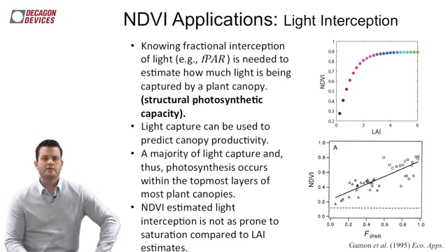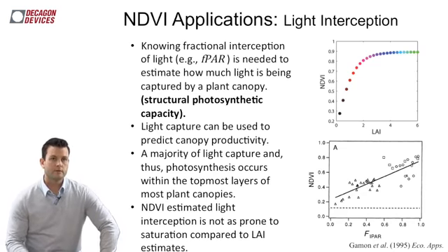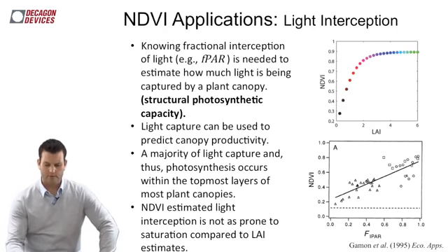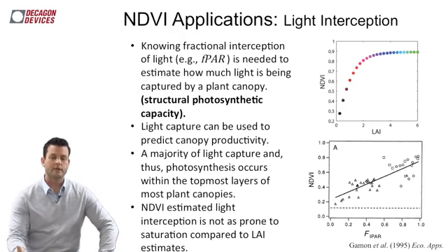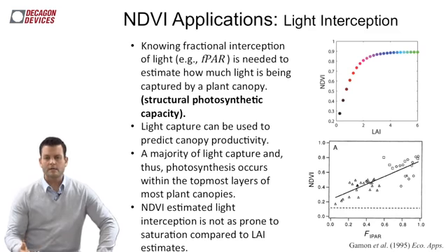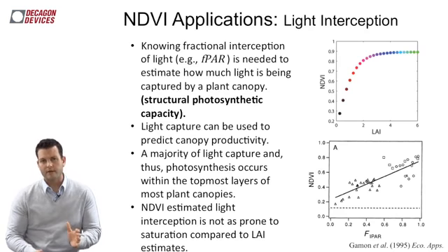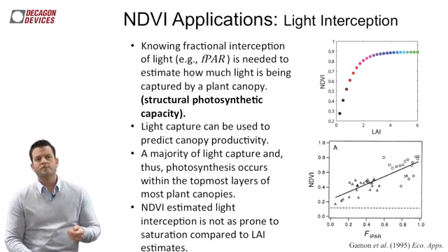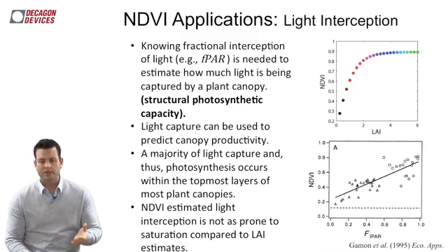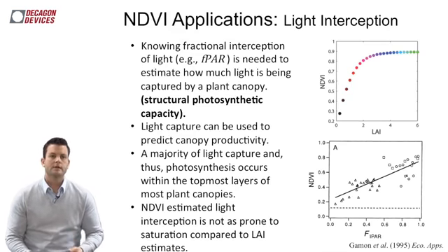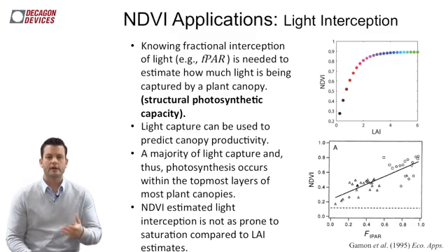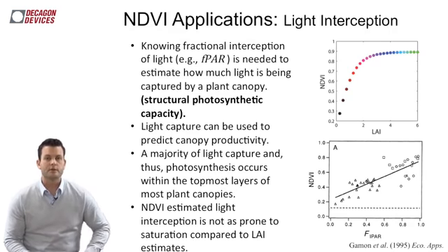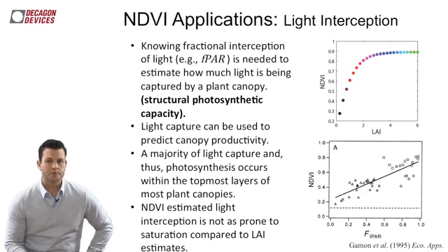One of the nice things about using NDVI for predicting fractional light interception, which is synonymous with FPAR, for those of you who are familiar with FPAR, or fractional absorption of photosynthetically active radiation, is that the relationship between NDVI and FPAR typically doesn't saturate. So light absorption tends to be relatively complete at LAIs around 3 to 4, and by adding additional leaf area, we don't get linear increases in fractional light absorption.